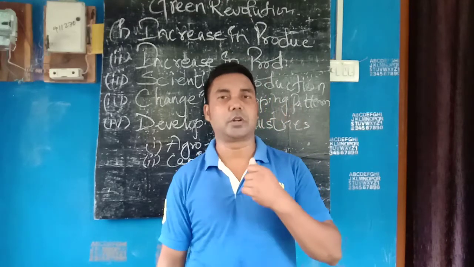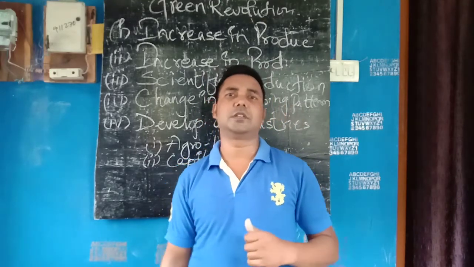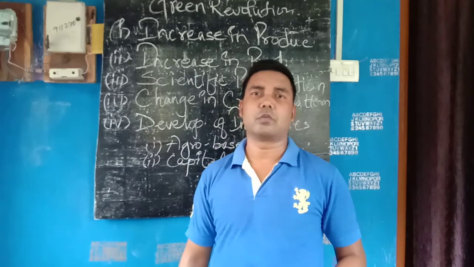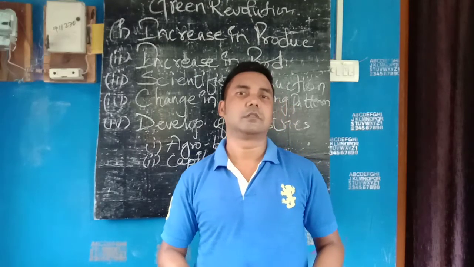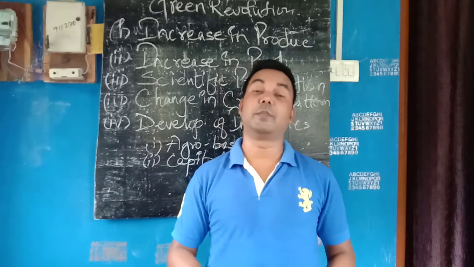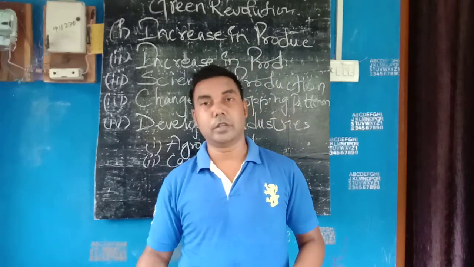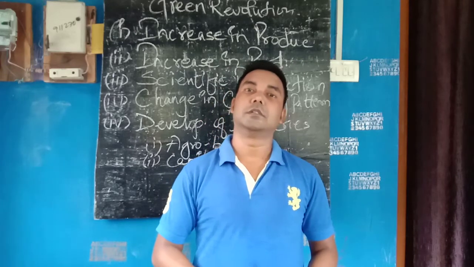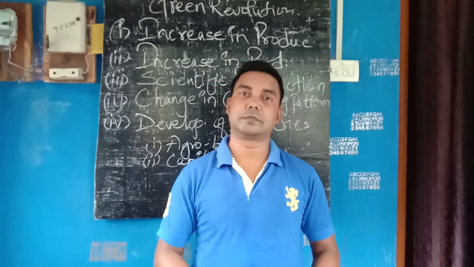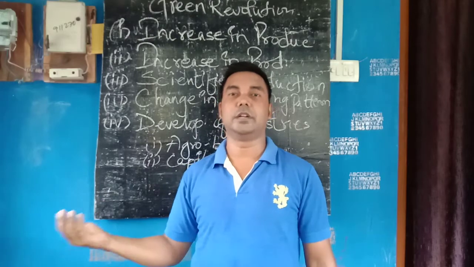If the agricultural production is good, then the agro-based industries will be good and profitable, because they will be getting the raw materials from agriculture. If the agriculture is not so good, then they won't be getting the raw materials. So they are directly related to agriculture.